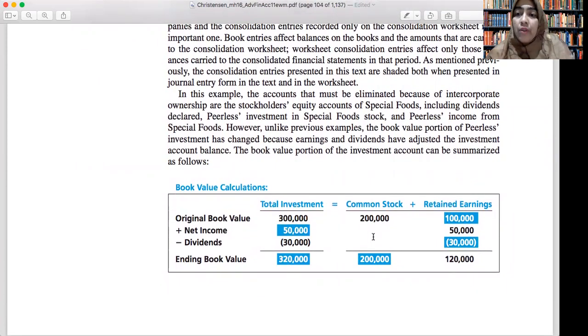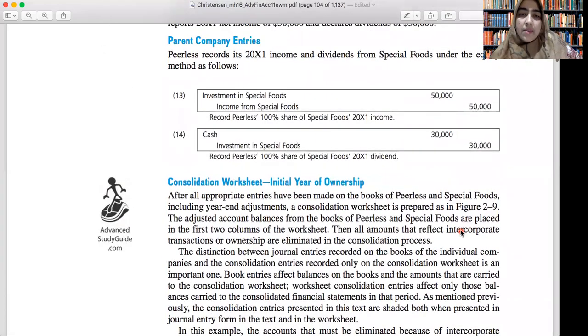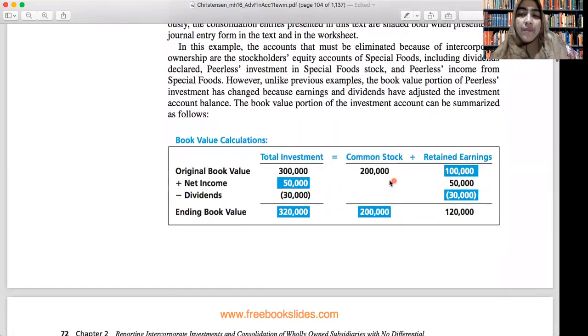The original book value is 300,000, with common stock 200,000 and retained earnings 100,000. After that, there is income that increases the value of the parent's investment, and it will increase the retained earnings, because it has been recorded here.